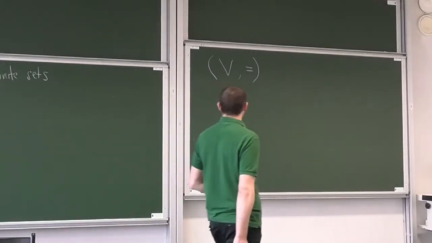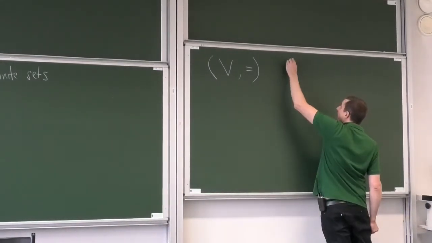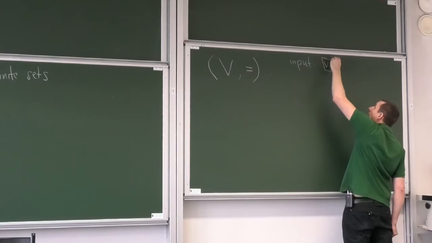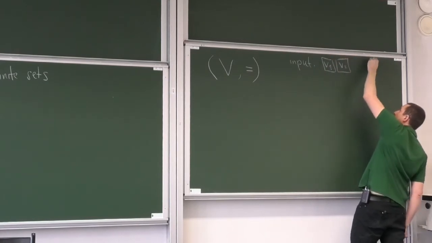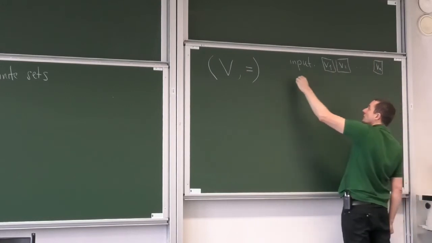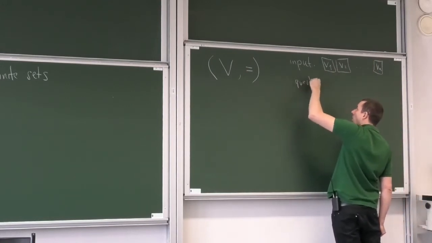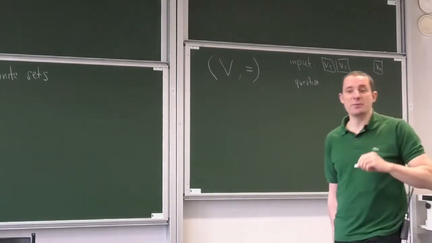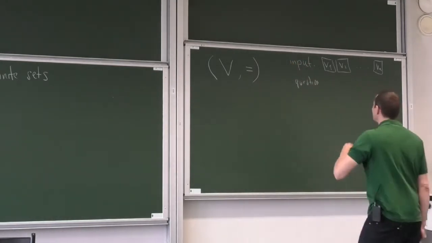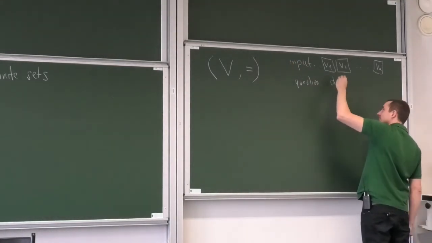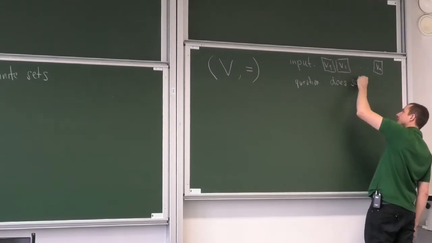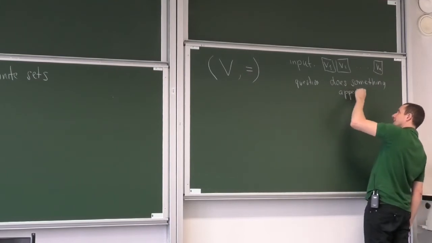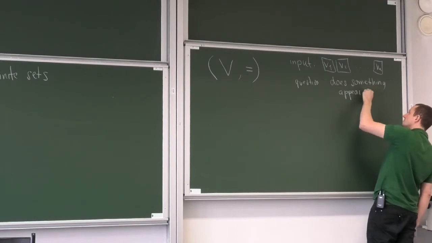And you could maybe ask, for example, you're given as an input a list of these atoms. I call them atoms. And then the question, or the output, is: is there one that appears at least twice?